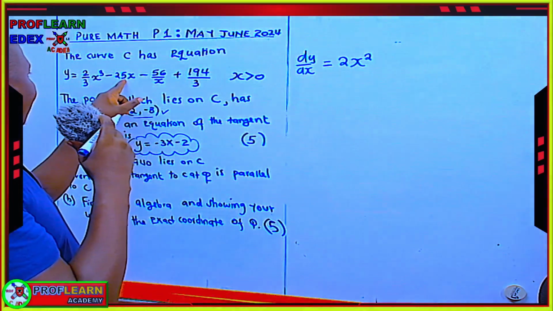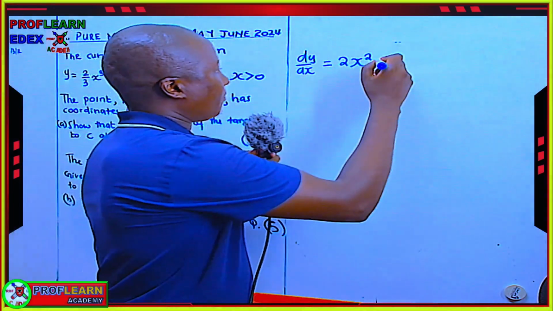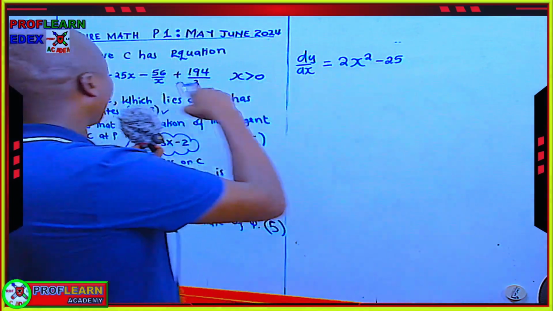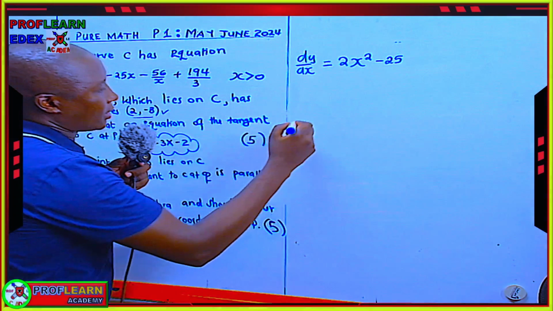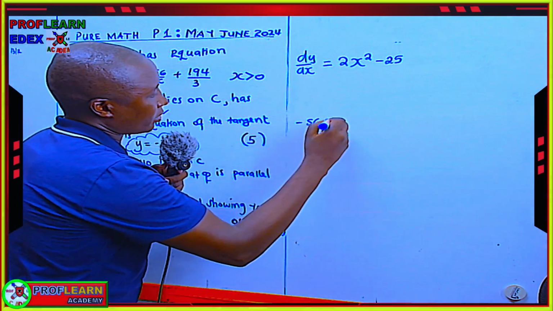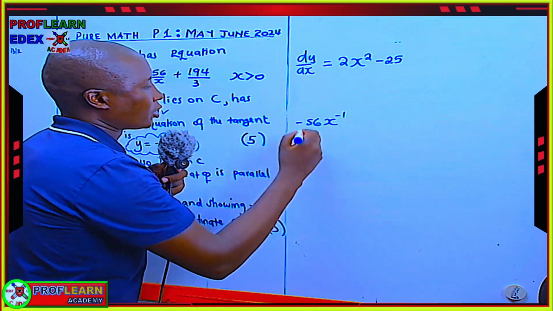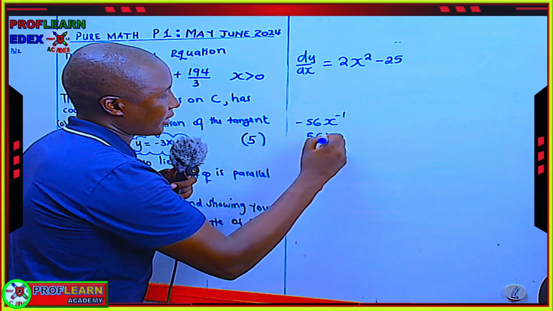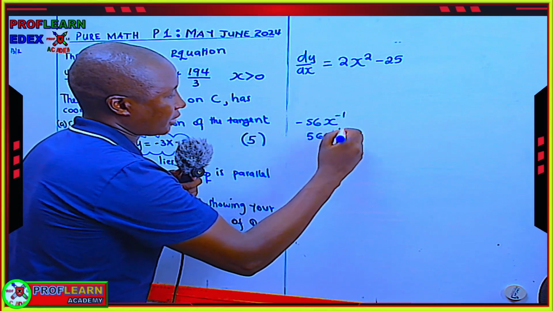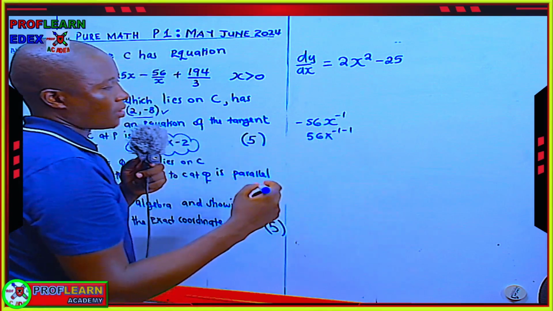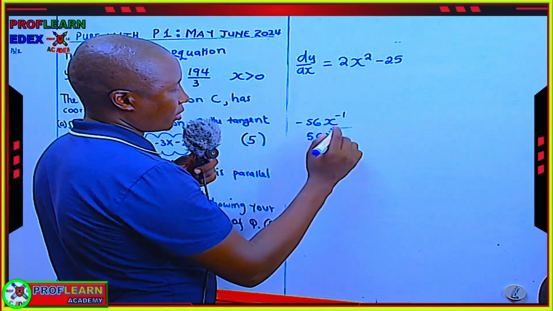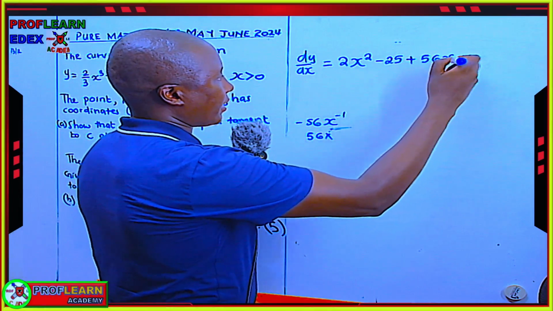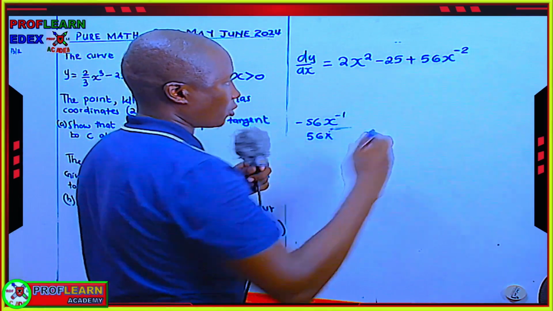And here we have minus 25. Then this one can be written as negative 56 x raised to power negative 1. So if we take the power down, it becomes positive 56x, then we subtract 1 from negative 1, which becomes negative 2. So this is going to be plus 56x raised to power negative 2.